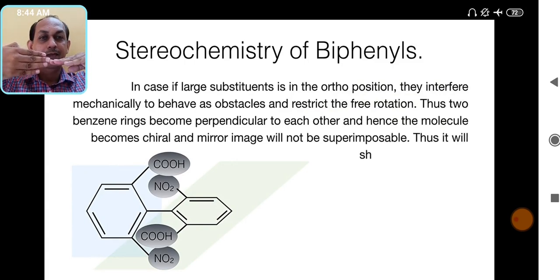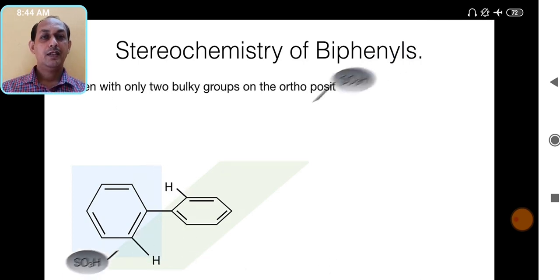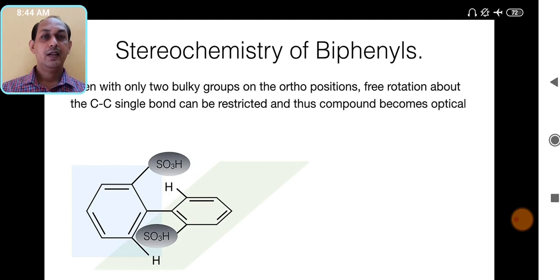This is a very good example of atropisomerism. When you have a bulky substituent like the SO3H group present, again the same thing: there is restricted rotation around the carbon-carbon single bond and this structure becomes optically active. So this thing we have to remember in the case of biphenyl stereochemistry, which group is bulkier, which group is restricting that particular ring.